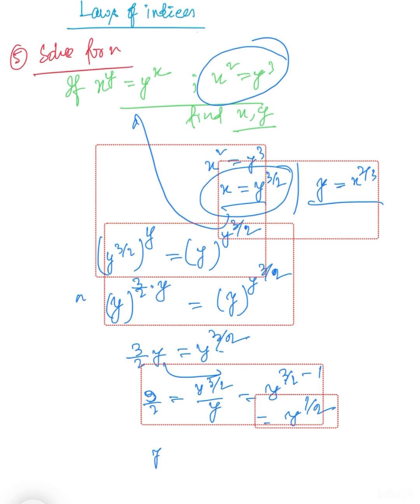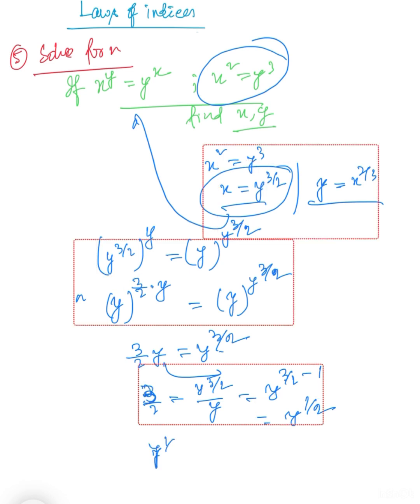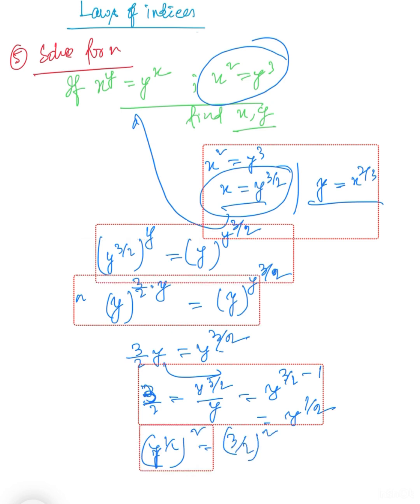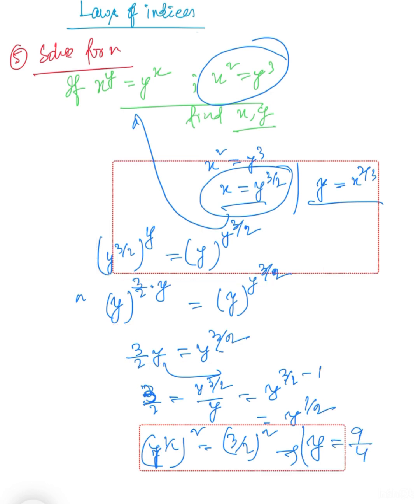So if y to the power half equal to 3 by 2, it can be squared to get y. So it is squared, y equals to 9 by 4.